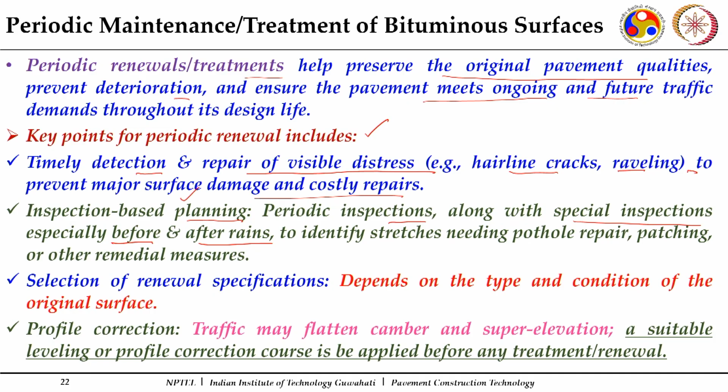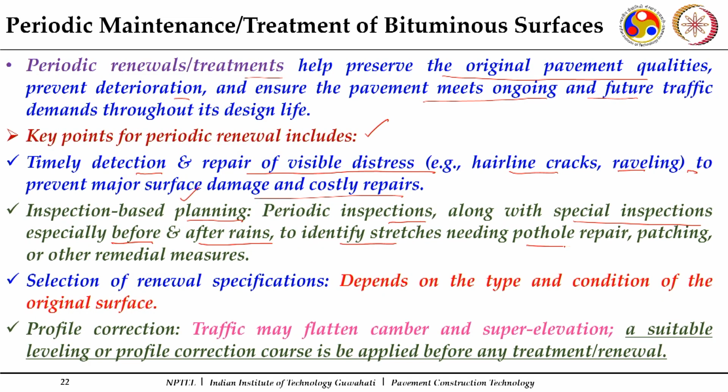It is better to address or treat those before the monsoon, and then we can see how the cracks or any other distresses or treatment has performed in that rainy period, to identify stretches needing pothole repair, patching or other remedial measures.